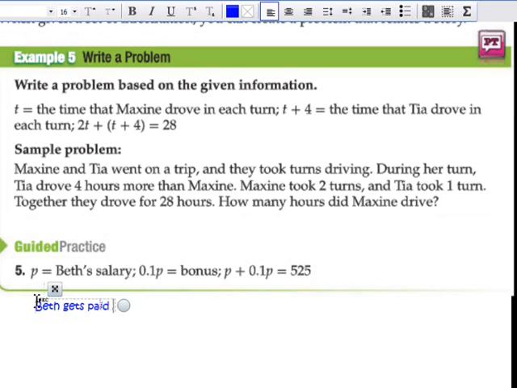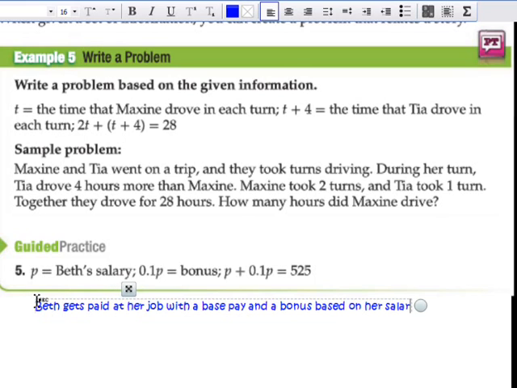I would write out something like: Beth gets paid at her job with both a base pay and a bonus based on her salary. Her bonus is 10% of her salary.